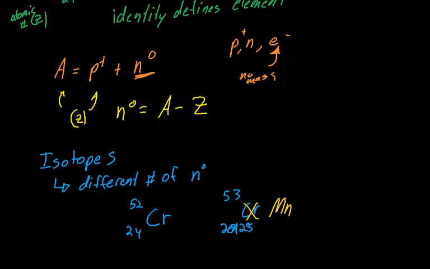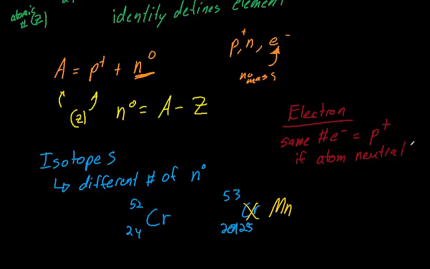And so let's briefly talk about our last thing we mentioned, the electron. And so electrons, you're going to have the same number of electrons as protons if the atom is neutral.